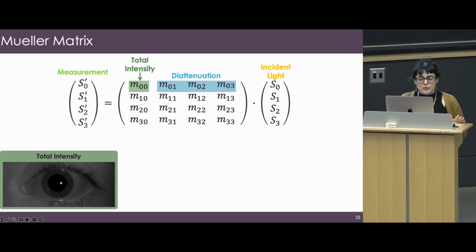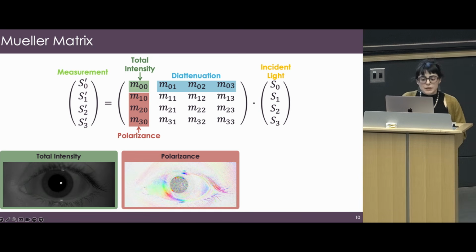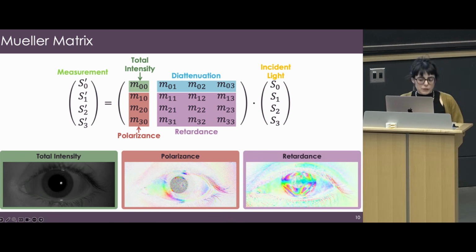And diattenuation is essentially intensity that depends on the input polarization state of the light. Next we have polarizance, which is the tendency for light to become polarized under an unpolarized incident. And then next we have retardance, which is a polarization-dependent phase change.